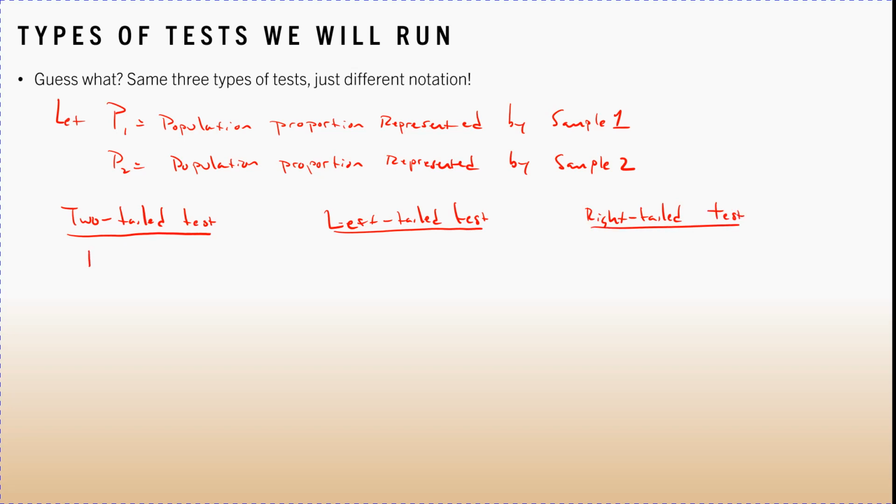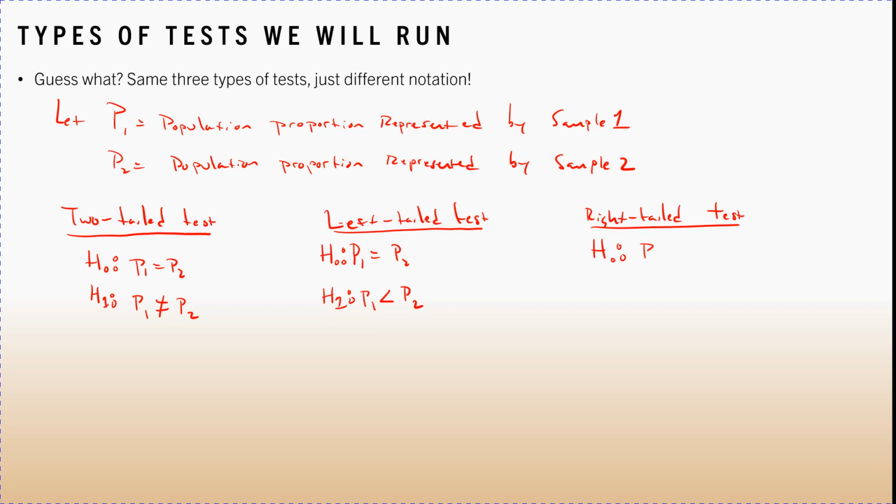As with all hypothesis testing, we'll start with a null hypothesis and an alternative. We'll always start with a statement of equality, that P1 is equal to P2. With the two-tailed test, we want to test to see if they're different. For the left-tailed test, our null will be that P1 is equal to P2, those proportions are the same, and the alternative is P1 is less than P2.